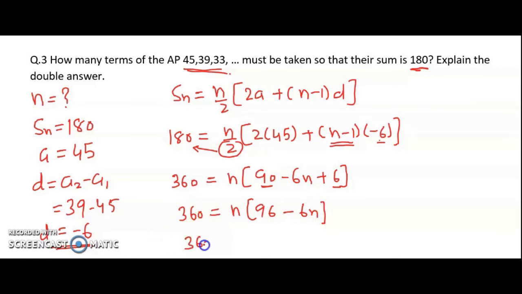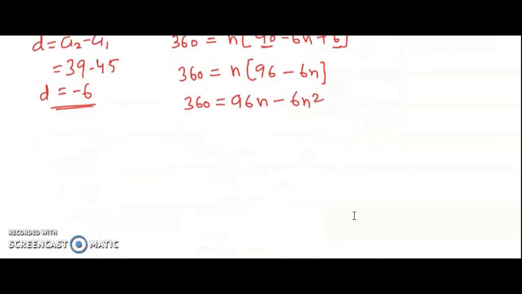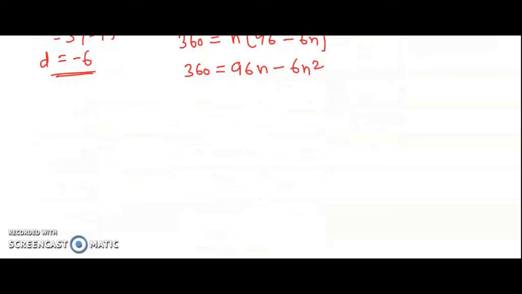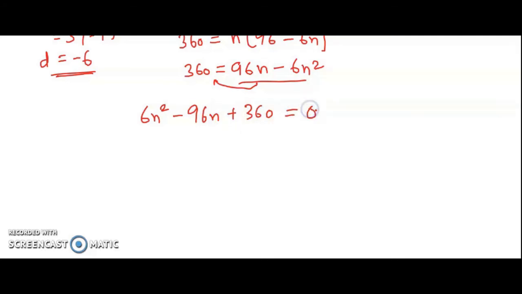Further simplifying, this n will multiply into the bracket, so it is 96n minus 6n square. Now if you take this to this side, then we get 6n square minus 96n plus 360 equal to 0.